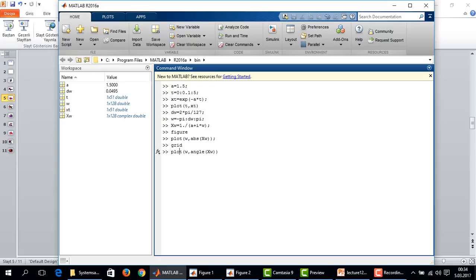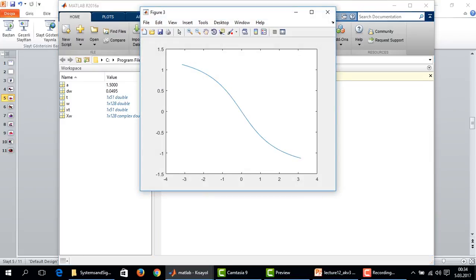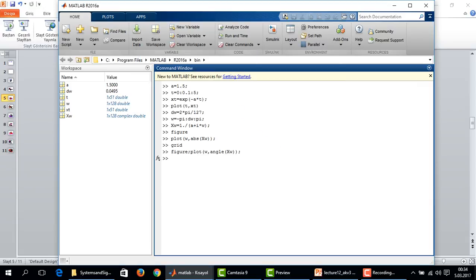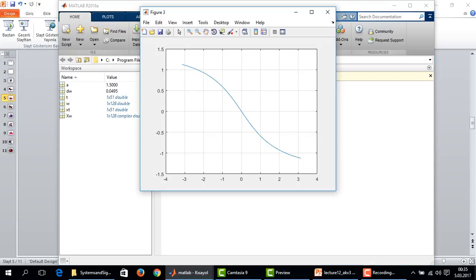And I wanna put this in the new figure here. Okay. Now this is the phase spectrum of exponentially decaying signal.